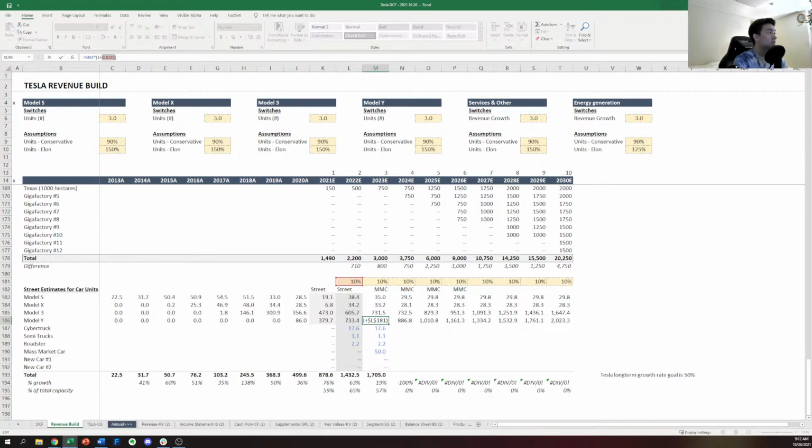So I'm just anchoring it to the row so that when I copy paste it, it goes to that row instead of the previous cell we were looking at.